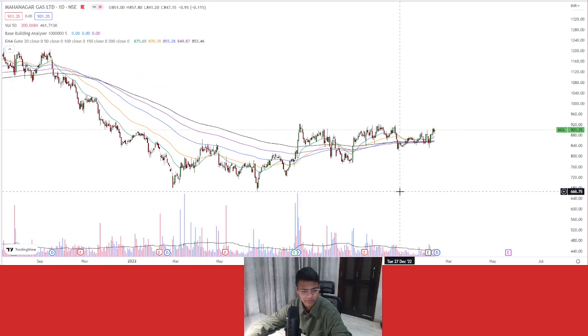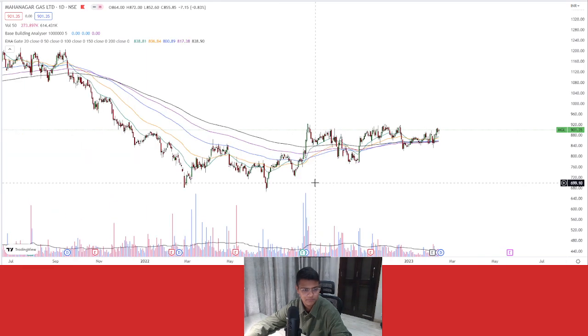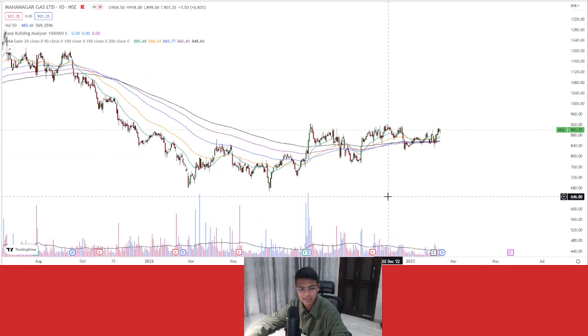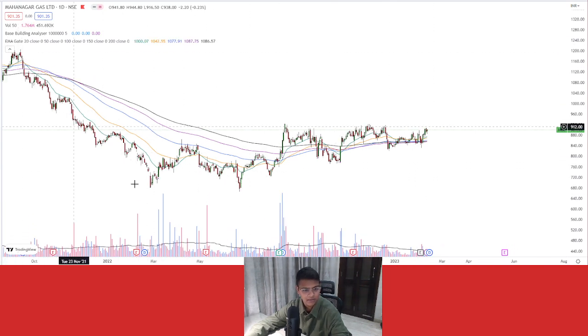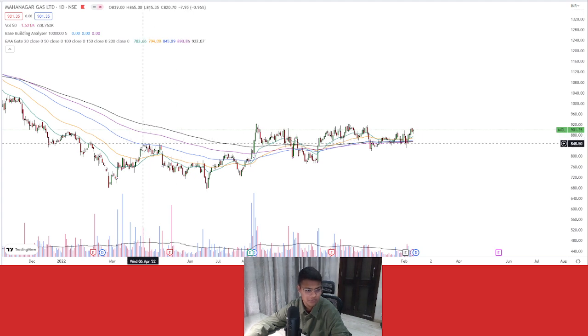So what I observe in this chart is the volatility of the stock price as well as the volumes are contracting with each subsequent swing. What I mean by that is I'll neglect this swing because it was in the downtrend. Our uptrend started somewhere around here. Okay, so let's rewind a little bit and take this point of reference where it tried to break out of its downtrend and reverse, but it couldn't.